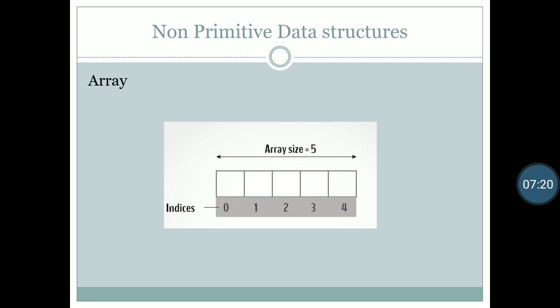If we write a size of 5 and give values 0, 1, 2, 3 and 4, then variables a0, a1, a2, a3 and a4 will have values 0, 1, 2, 3, 4. So the values will be stored in them, and we are creating that array for storing our values. So array will be our non-primitive data structure.